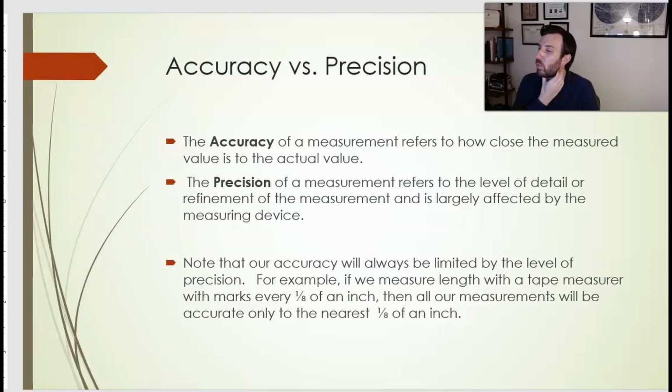So note, for example, that we will always be limited by a certain level of precision, right? If we measure a length with a tape measure and we mark off every 1/8 of an inch, then all of our measurements will be accurate only to 1/8 of an inch. That means that if I want to measure anything smaller than that, I will not be able to do it well.